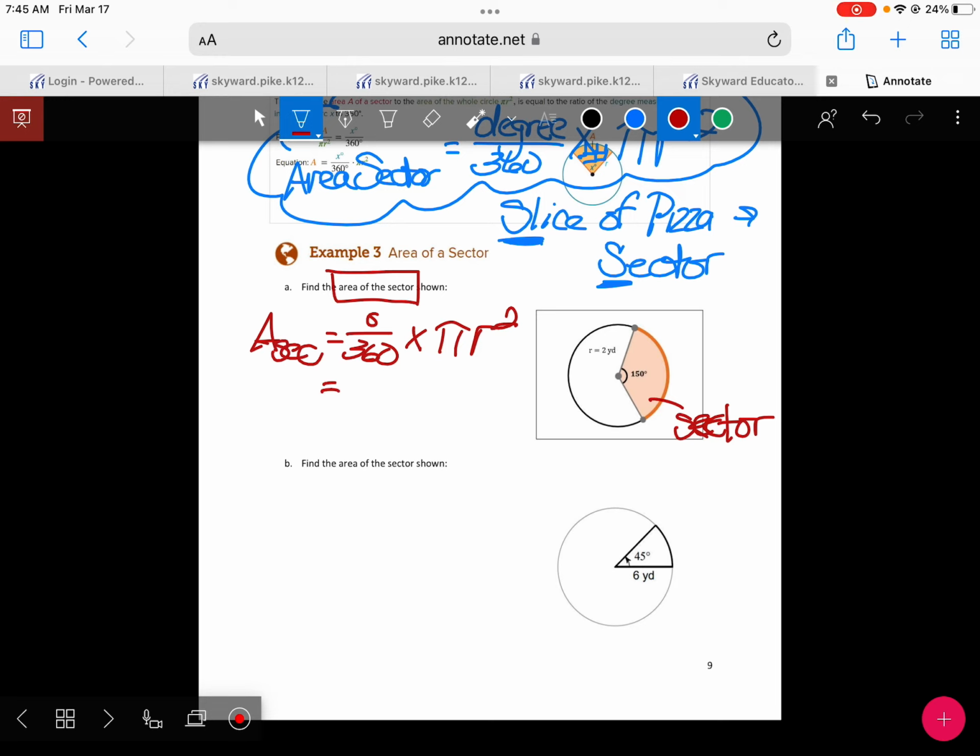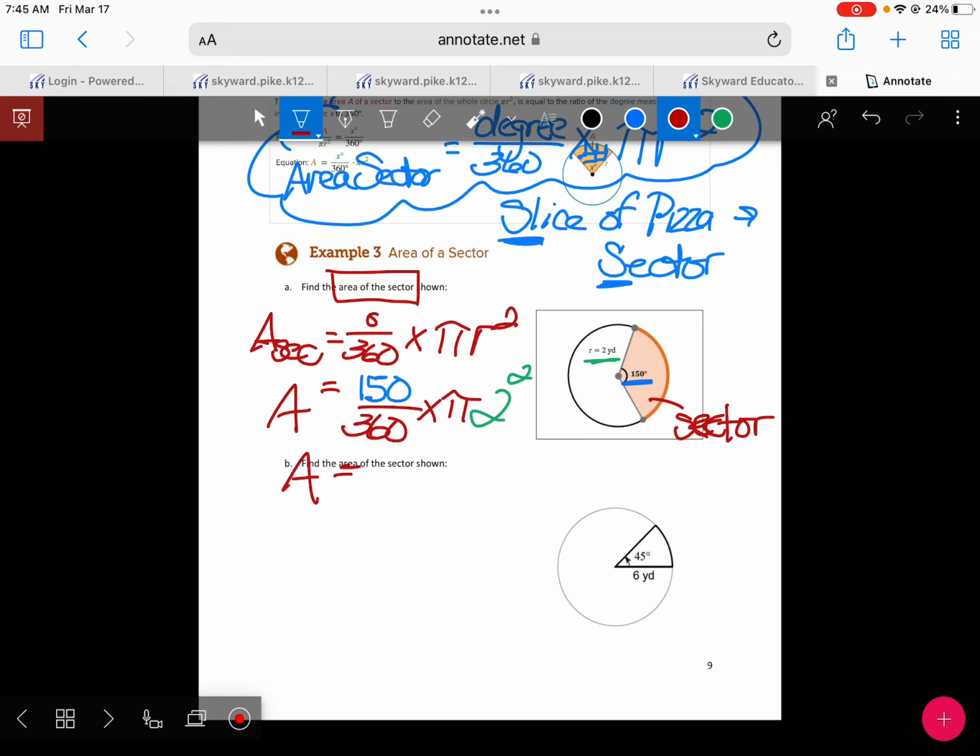So what is the degree of that sector? It's 150 divided by 360 times pi times my radius. Here's my radius of 2 squared. That is the area of that piece of pizza. A sector looks like a slice of pizza.